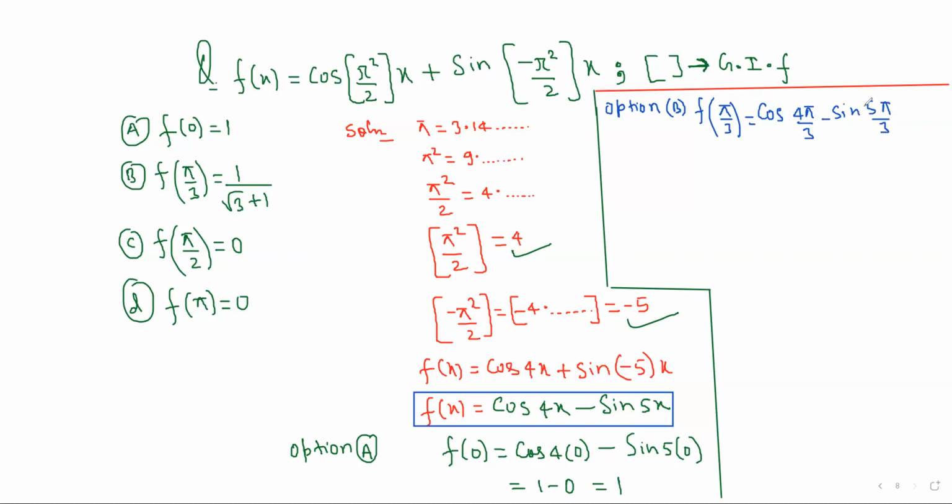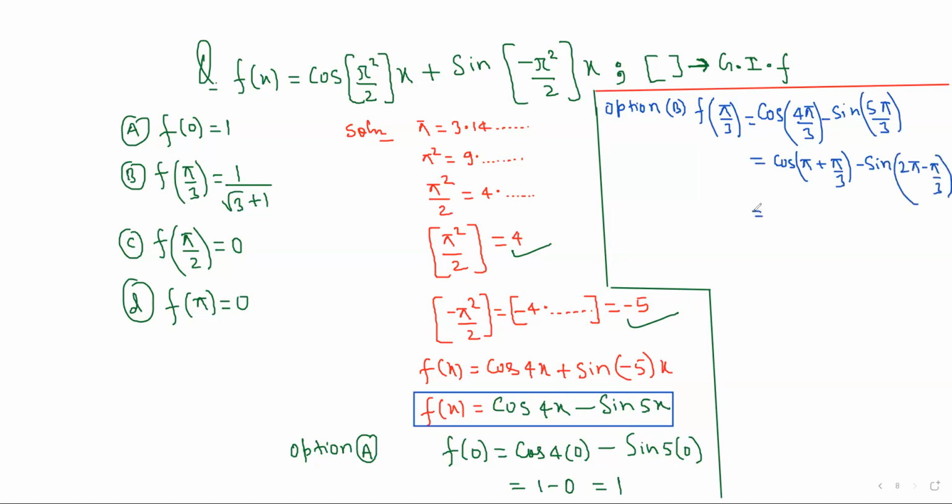What we got? Cos 4π/3 is simply cos(π plus π/3), minus sine 5π/3, which is sine(2π minus π/3).